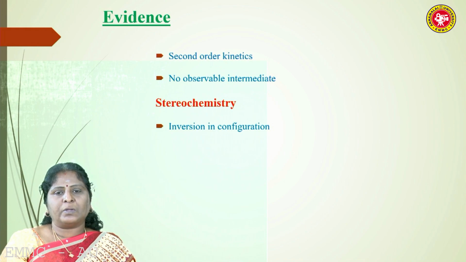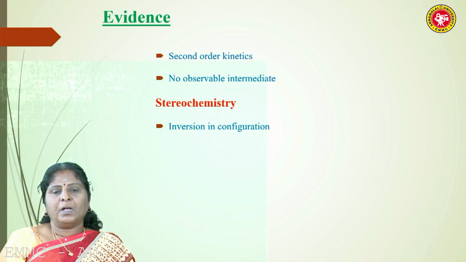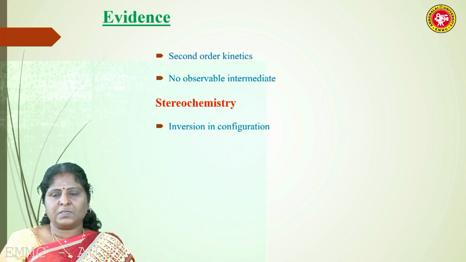Evidence for bimolecular mechanism: since this reaction is occurring in a single step, both the species are involved in the rate determining step. That means both the substrate as well as the attacking species. Most often in bimolecular mechanism, base acts as the nucleophile. So base is a must for a bimolecular mechanism to occur. In this case, the order of the reaction is found to be 2.